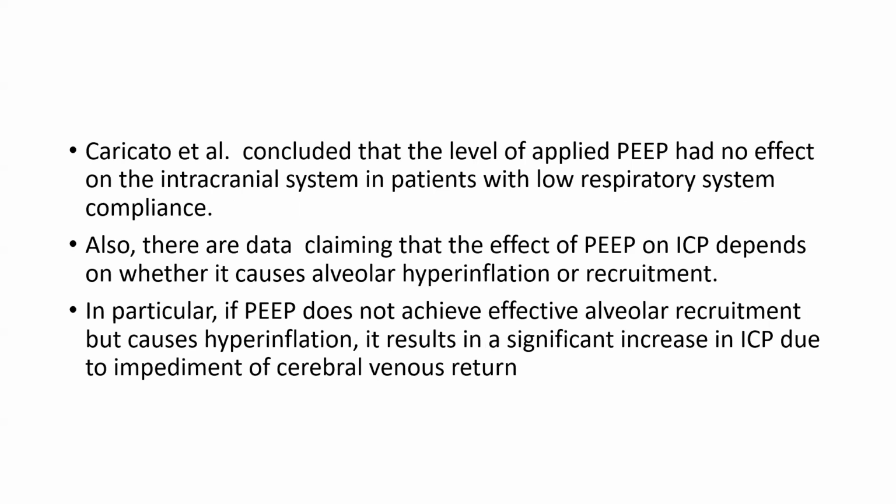Also, there are data claiming that the effect of PEEP on ICP depends on whether it causes alveolar hyperventilation or recruitment. In particular, if PEEP does not achieve effective alveolar recruitment and causes hyperventilation, it results in an increase in ICP due to impediment of cerebral venous return.